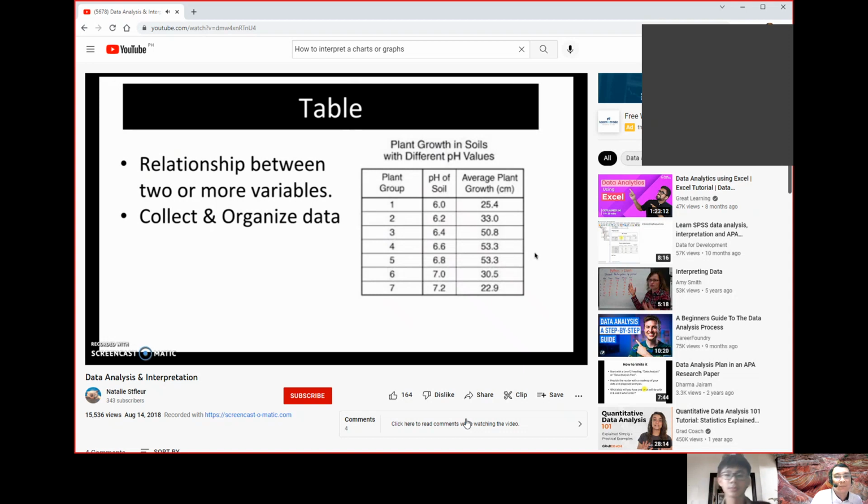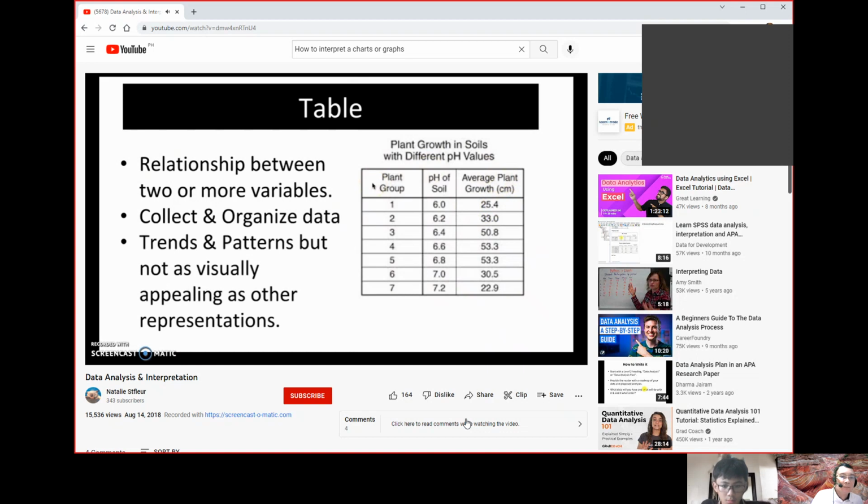And the way that that is done is headers or labels are used for the columns, which are the parts of the tables that go up and down, and the rows. This data table does not have headers for the rows which go across, but it does have headers for the columns. You can use data tables to identify trends and patterns, but not as visually as appealing as other representations. So oftentimes the information in a table is transferred into another representation.